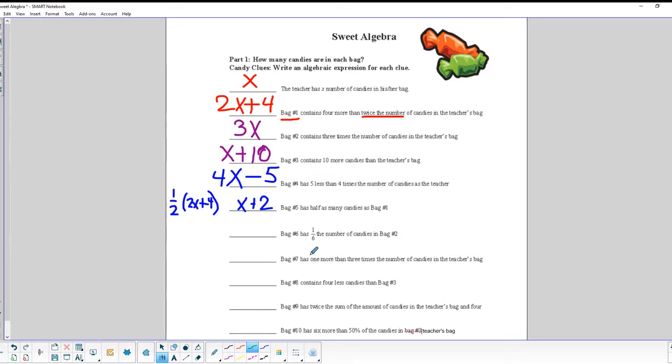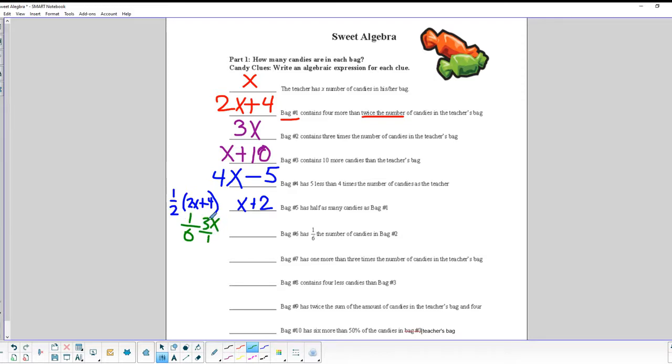Okay, let's move on to bag number 6. Bag number 6 has 1/6 the number of candies as bag number 2. So in order to find 1/6 of something, you multiply by 1/6. So 1/6 times 3x. Think of this as 3x over 1.